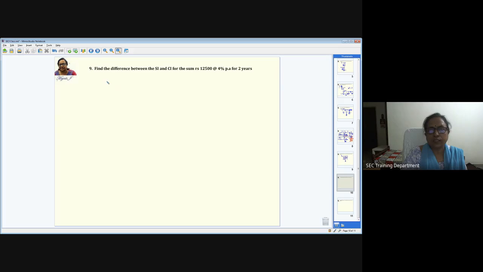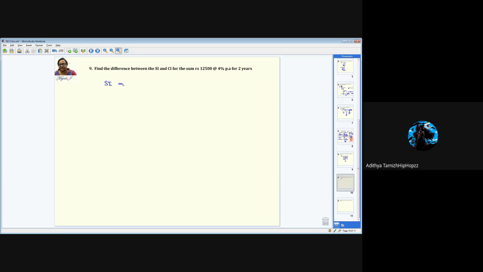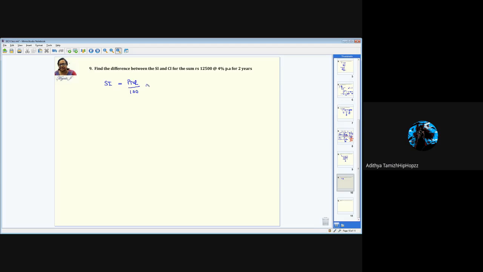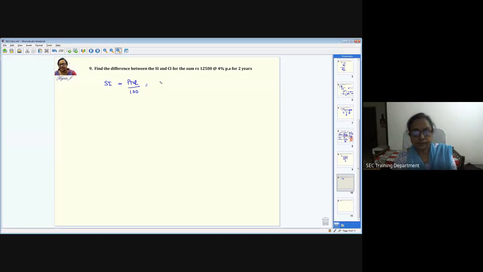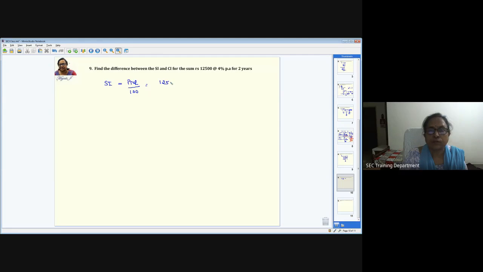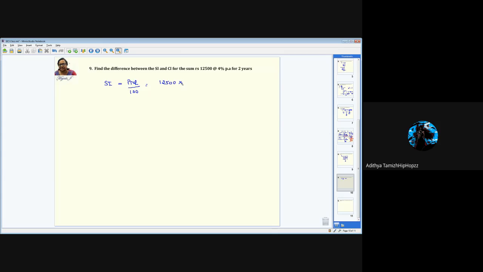So what will be the simple interest for 2 years? The formula is PNR by 100. So what will you write here? It's going to be 12,500 into 4%, right?